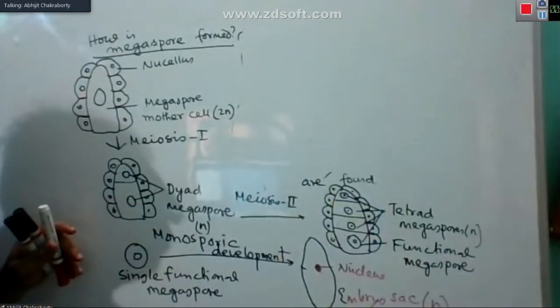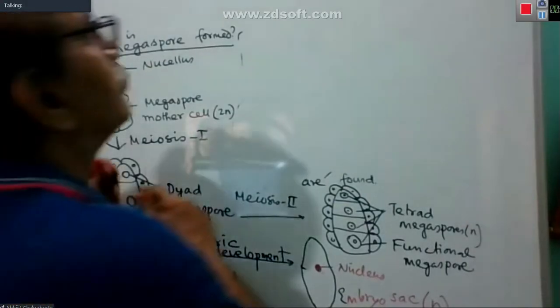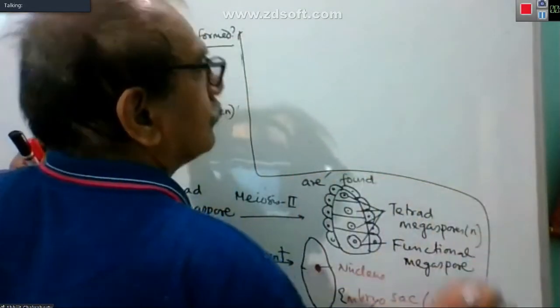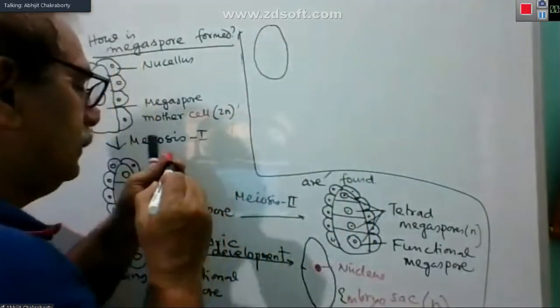Now you see the fate of embryo sac. You see what happens in the embryo sac. This is the embryo sac.